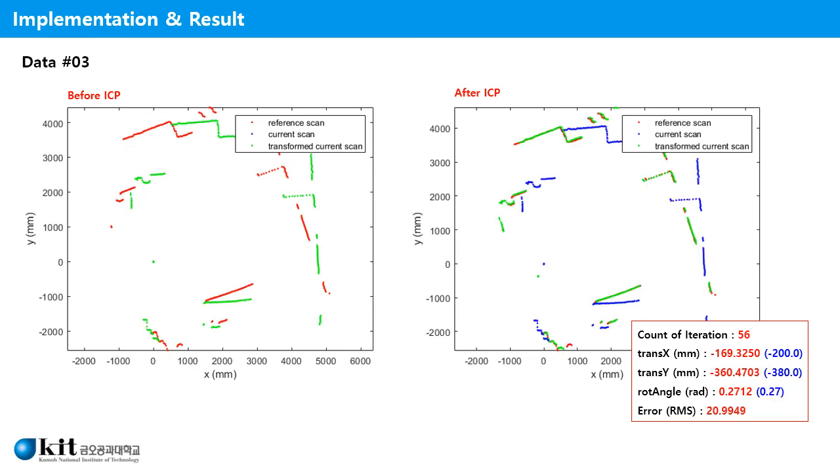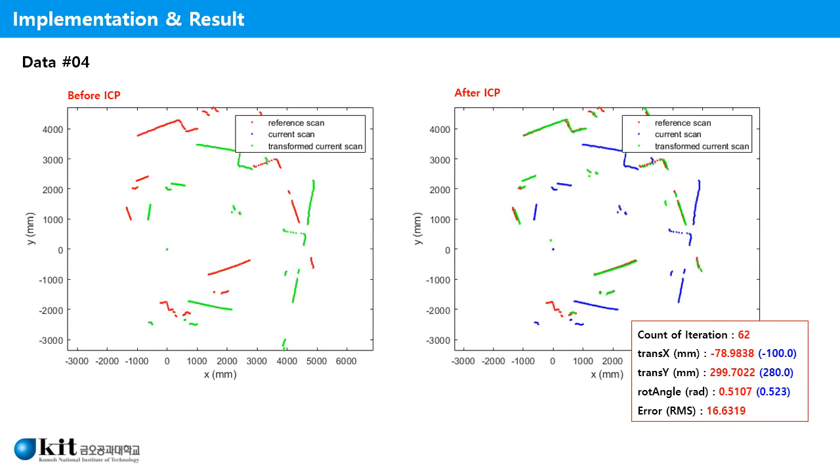The third result, after 56 iterations, the RMS error becomes about 21. It is also less than the given threshold value of 50, but it takes longer than the previous two cases because it contains rotational changing, I think.